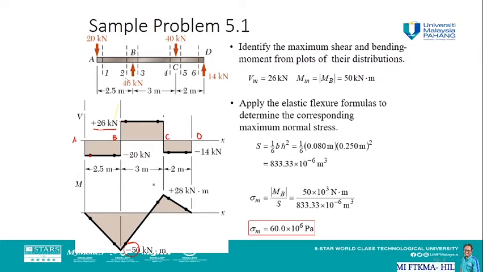We know that the maximum bending moment occurs at point B, so this is the point where we are going to pay a little more attention, and we are going to use the flexural formula to calculate the maximum normal stress at point B, where it has the maximum bending moment of 50 kilonewton meter.